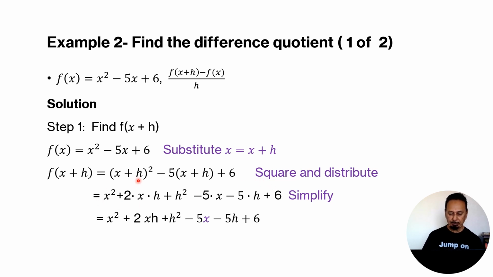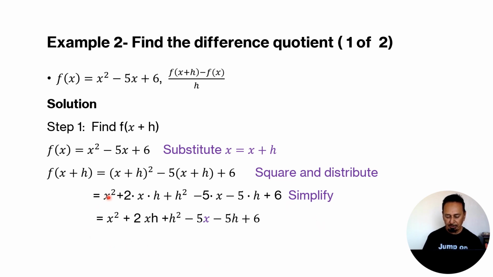Now we square the x plus h. So square of x is x squared, and then you multiply x times h and multiply with a 2, and then plus and square the h, and then distribute negative 5. So negative 5 times x will be negative 5x, and then negative 5 times h will be negative 5h, and we get a plus 6.